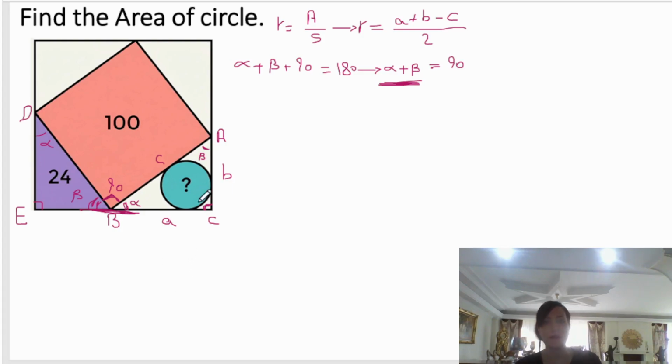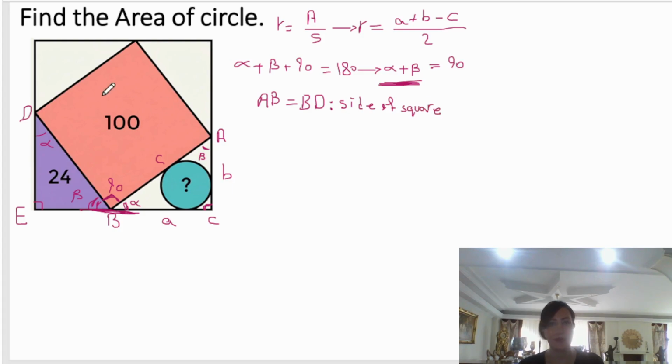Okay, I will go show these two triangles are congruent. I say AB equals BD, because they are the sides of a square.